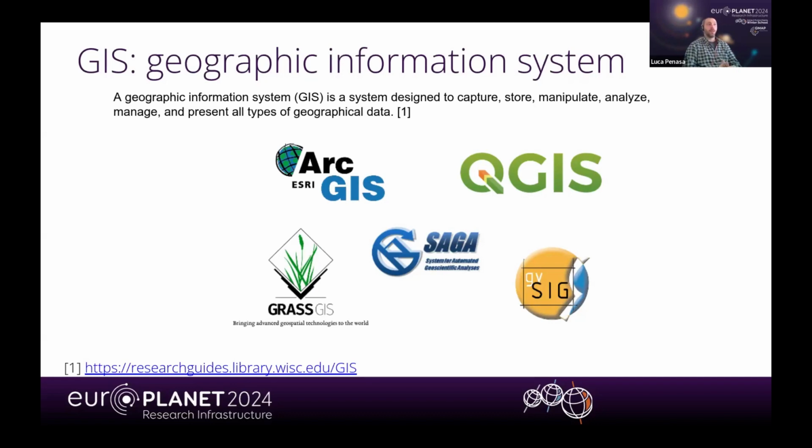If you work in a university, for example, you may have found that ArcGIS is used quite a lot, but there are others that are open source, and you can probably find them online, download them, try them out. We will be using QGIS because it is probably the easiest to use. It's well supported on any platform. But well, if you are curious, you can go there and try to find out about many others and also try them out.